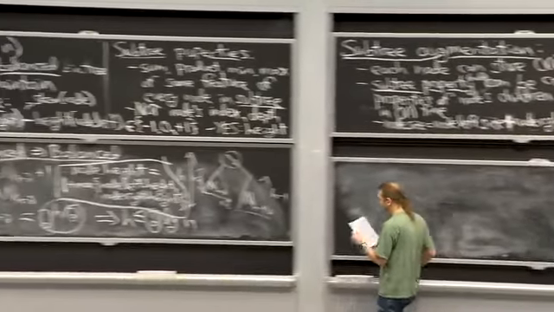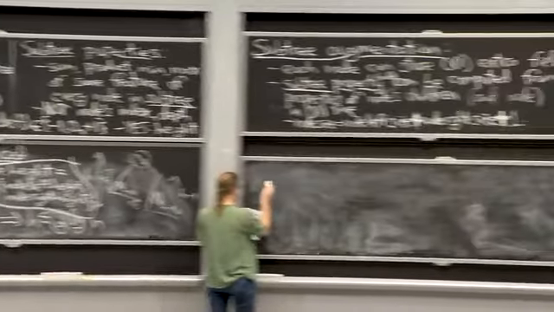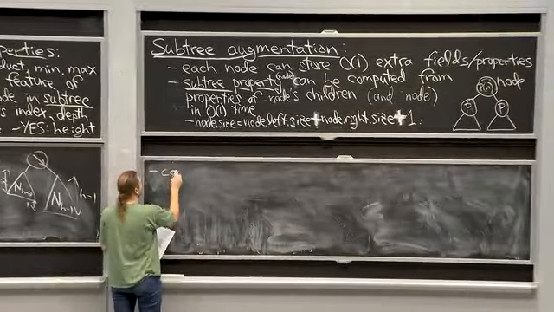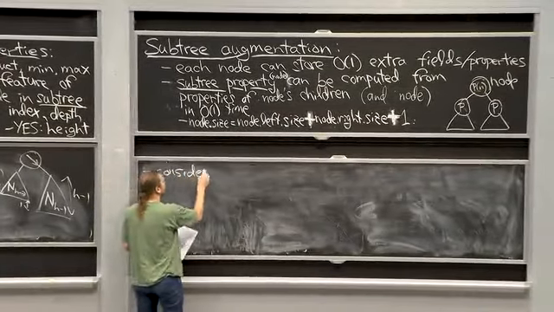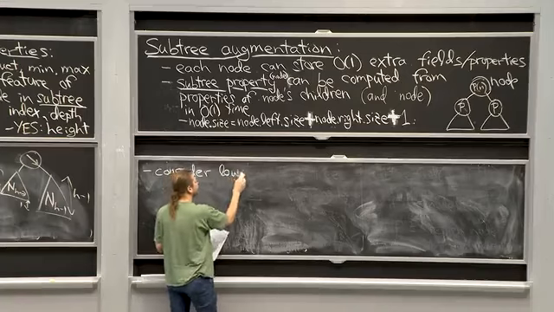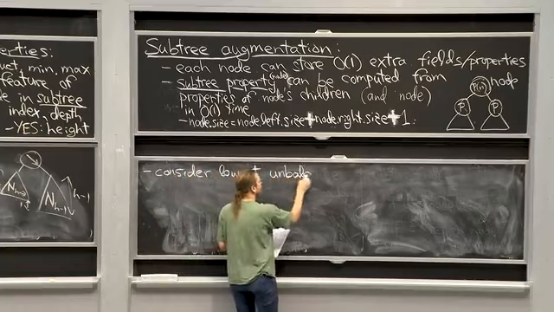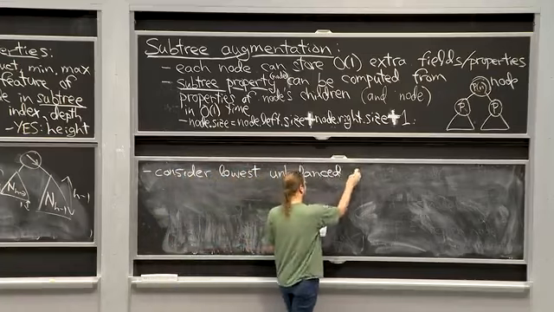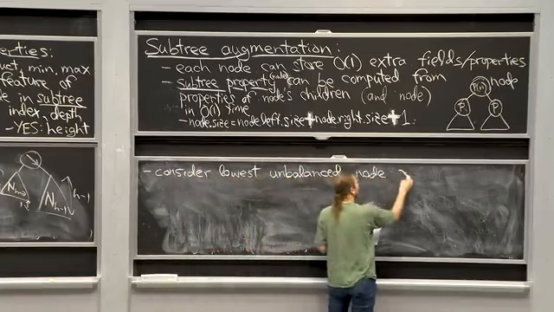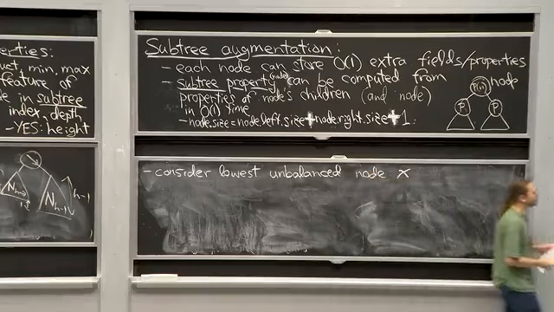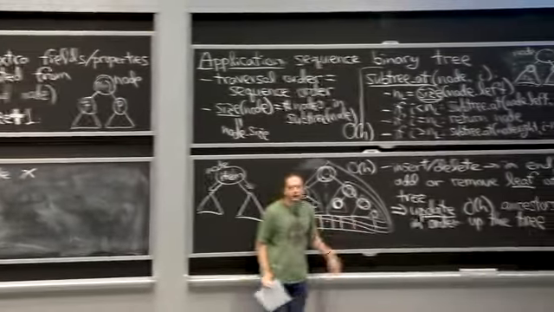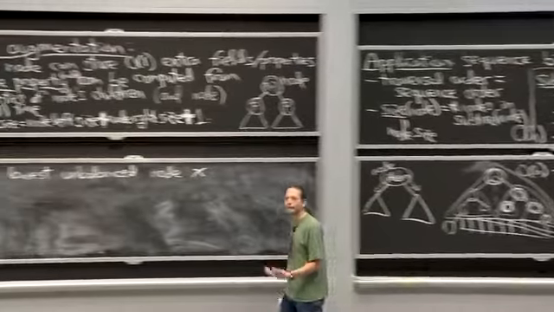So let's take the lowest out of balance node. And I'm going to call that X. Now, because we just inserted or deleted a single leaf, it's only out of balance by 1. Right?